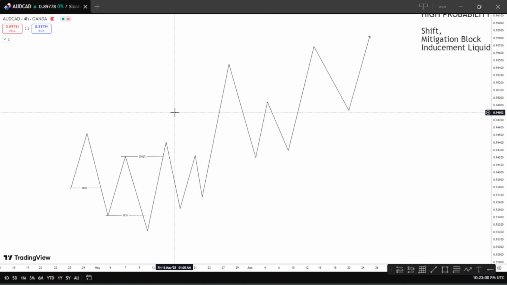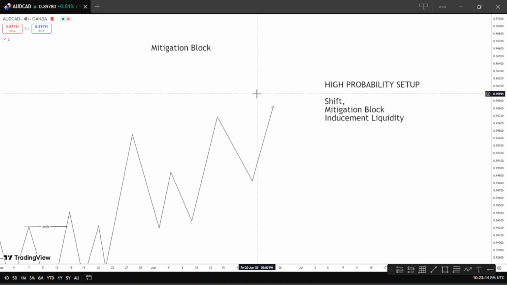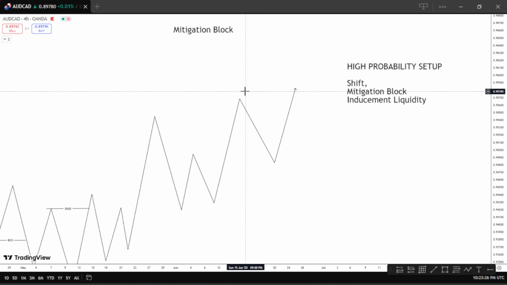So after now, I'll be making a video on mitigation block where I'll be giving you a very important tip on what you need to know about expansions, because expansions are one of the things that occurs every time in the market. So in this coming video now, mitigation block, you'll get to see how I take entries from expansions, because obviously from every expansion there is an opportunity.